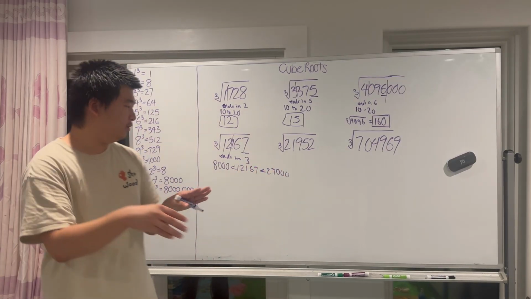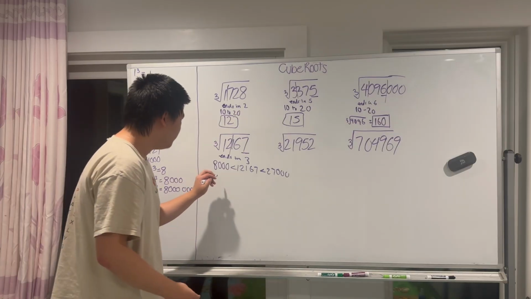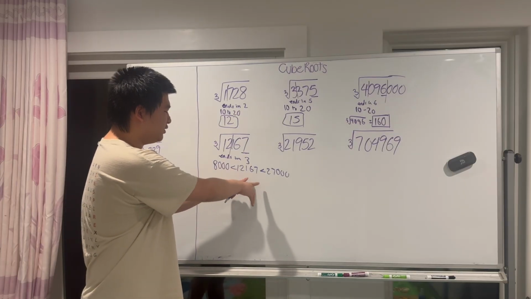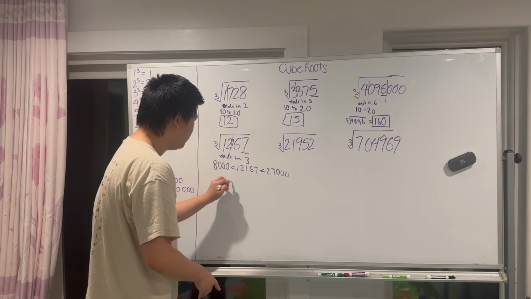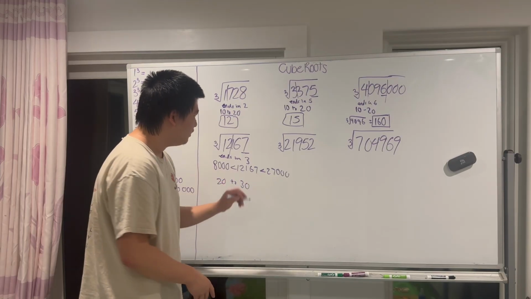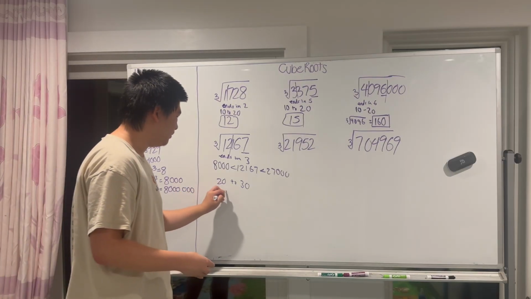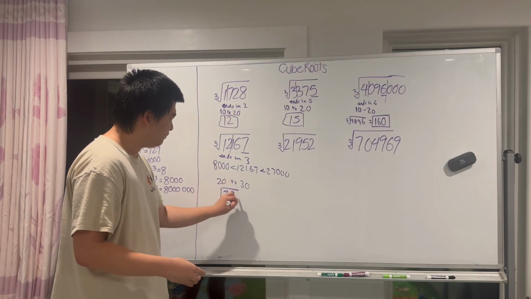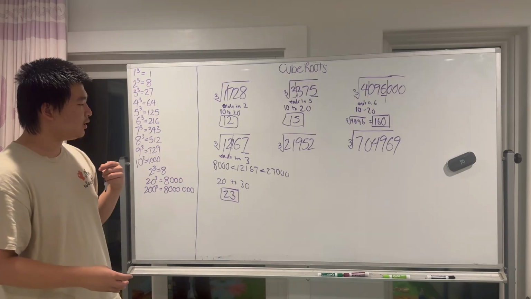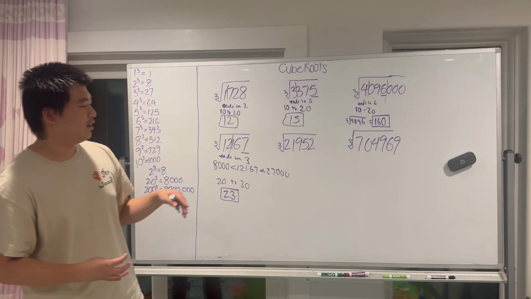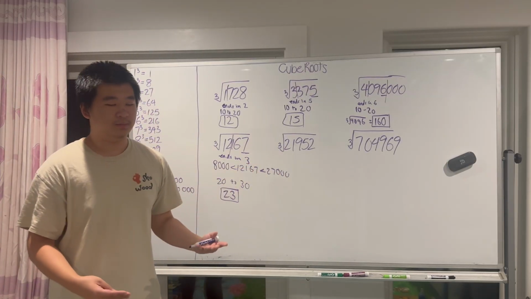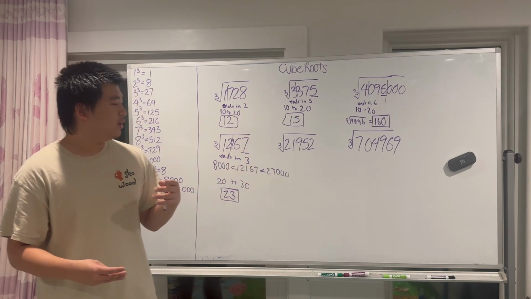And so when we take the cube root of all of this, we find that the cube root of 12167 is between 20 and 30. If something is between 20 and 30 and it ends in 3, then our answer is simply going to be 23. That's it.